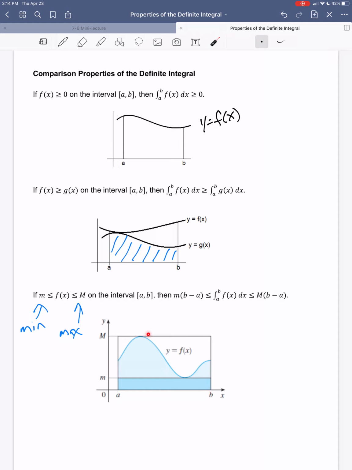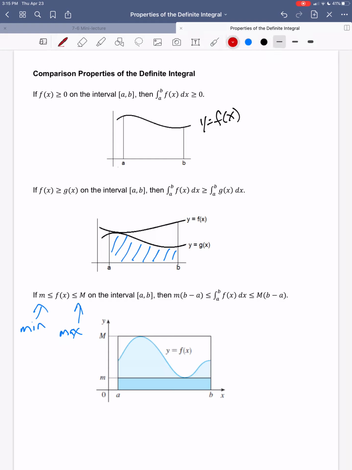But as I go from a to b, f of x stays in that band. All the y-coordinates stay between little m and capital M. Well, then that means the value of my integral, remember that's the area under the curve, has to be between little m times b minus a and capital M times b minus a.